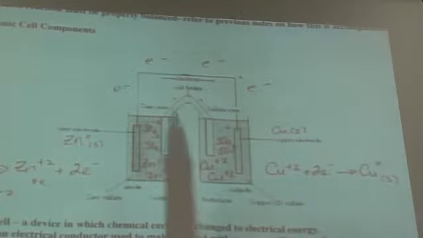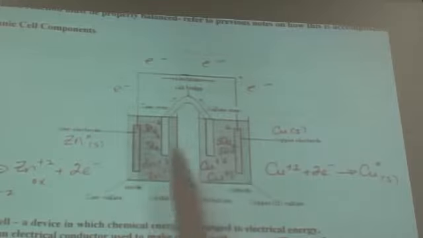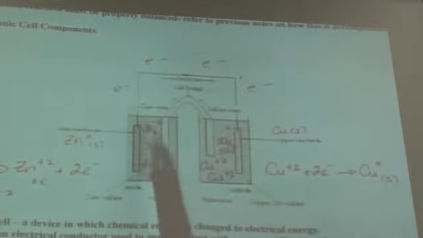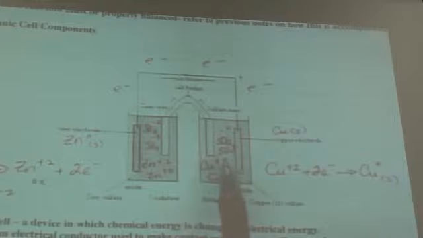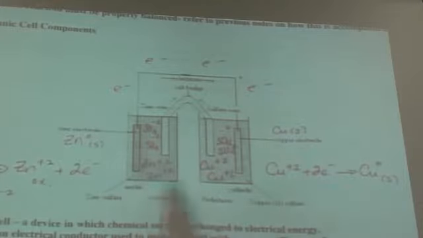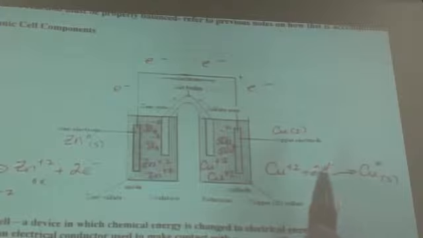so we're going to have a really large concentration of charges in each one of these components. That does not make for a nice flow of electrons when you have charged compartments. So we use a salt bridge to attempt to make the compartments as neutral in charge as possible.